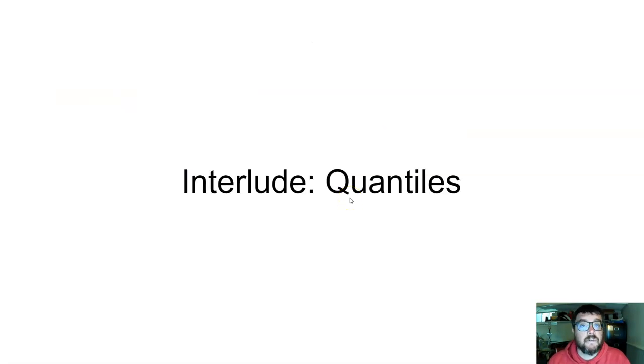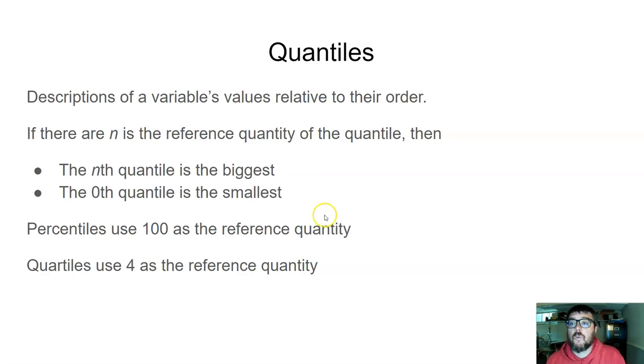Now, the next thing we're going to talk about involves quantiles, so let me explain what a quantile is. A quantile is a description of where an observation is in the order of the different values that the variable takes. If you have a low quantile, you're close to the smallest value in the variable. If you have a high quantile, you're close to the highest value. There is a reference number for the quantile, so that the nth quantile is the biggest and the 0th quantile is the smallest.